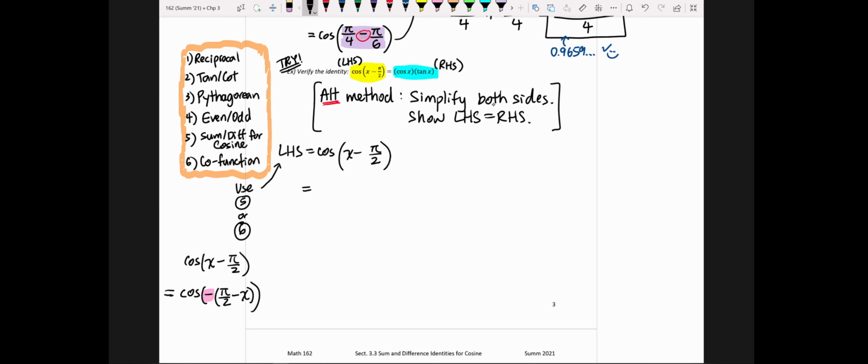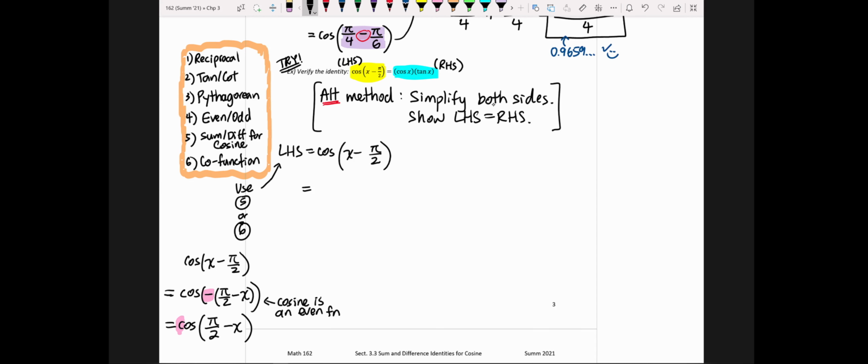However, since cosine is an even function, we can just drop the negative sign inside, which means f of negative x is equal to f of x.